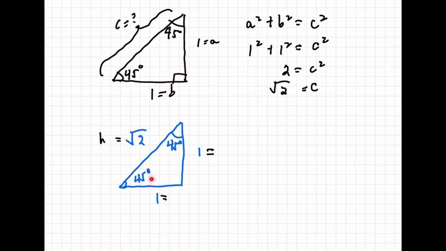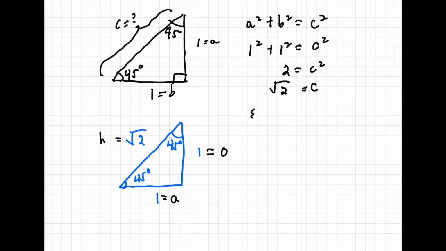If we're focusing on this angle here, the adjacent side will be this one, and this will be its opposite. But for a 45, 45, 90 triangle, it doesn't really matter because they have equal lengths of the shorter side. So we get now the 6 trigonometric functions.